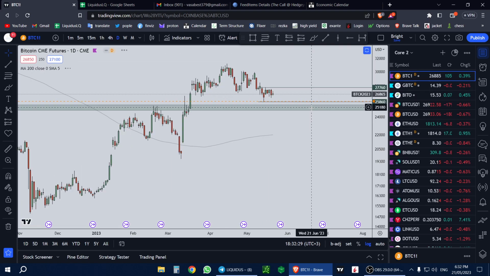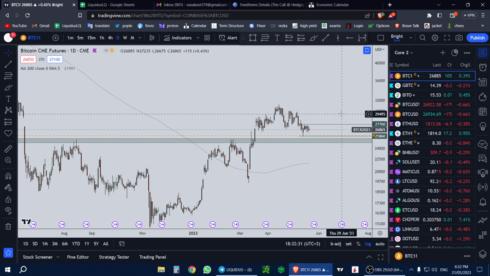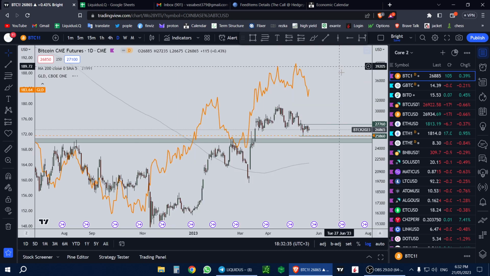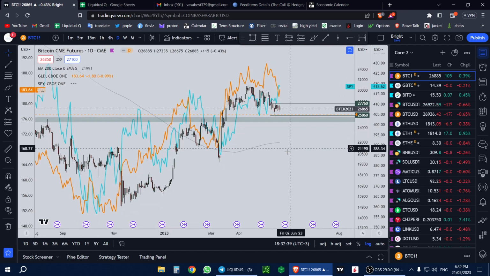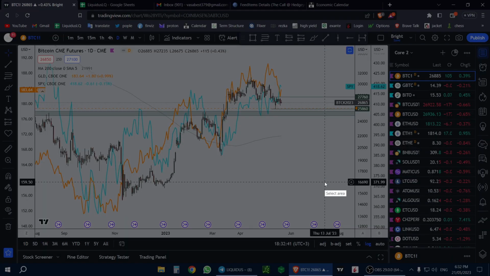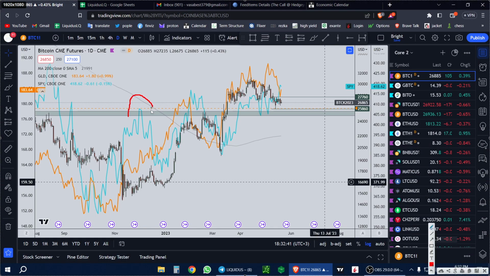Crypto has been moving in lockstep with gold. Let's put the gold up right here. Let's put the SPY right here as well. So the general moves in those names, the major highs and lows and the lower highs on a trending basis, are the same. If we're going to get another bounce, gold higher meaningfully, SPY doesn't belong here.